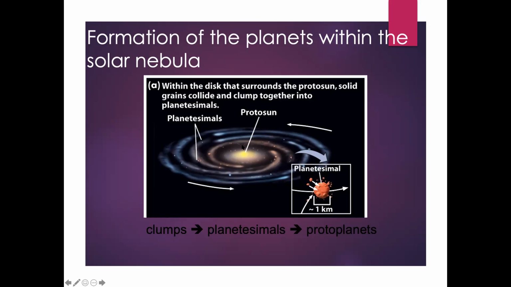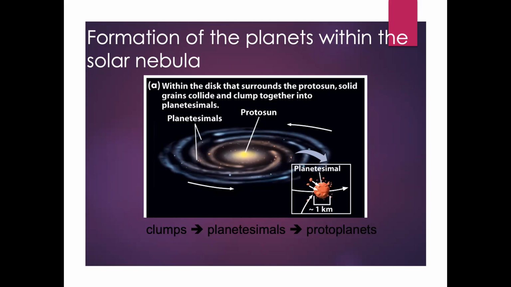And you've got all of this gas, and the gas starts to clump together. We'll talk more about that, because it's actually not the gas per se that's clumping, but solid grains of material start to clump together. As more of them pull on each other with gravity, they get bigger and bigger.